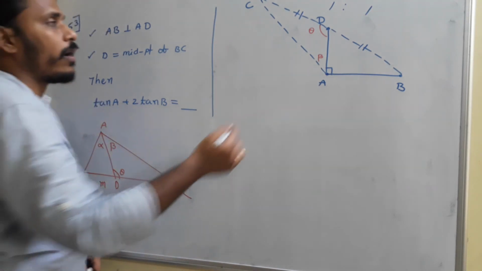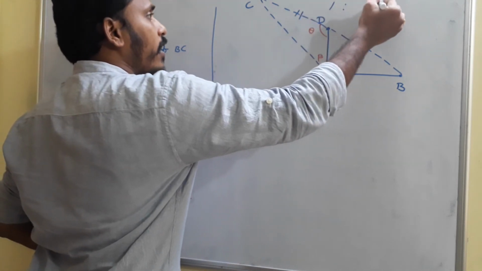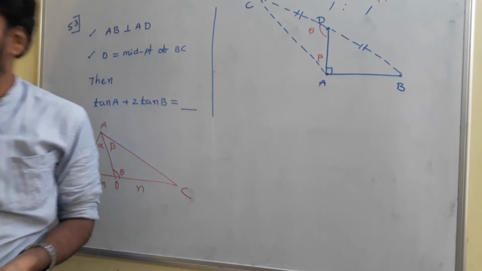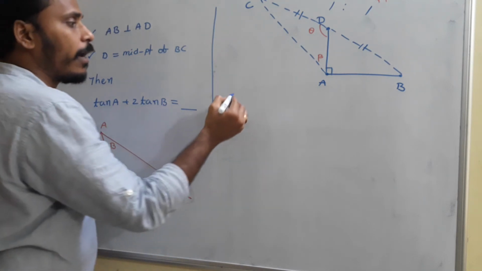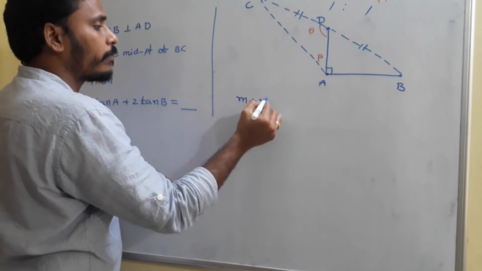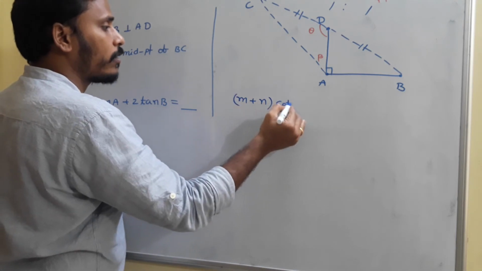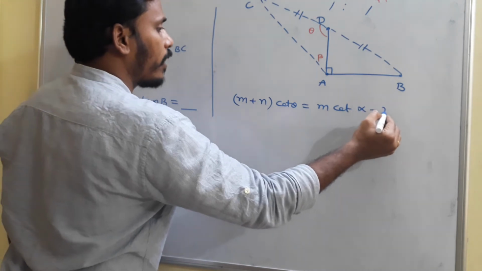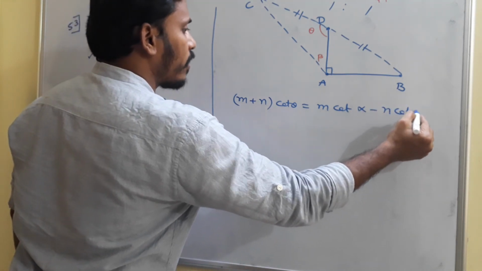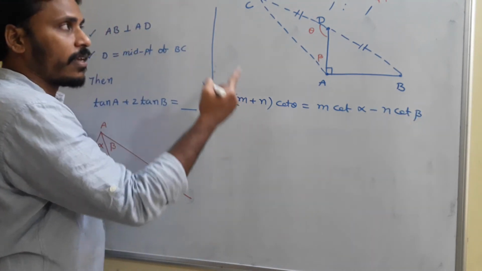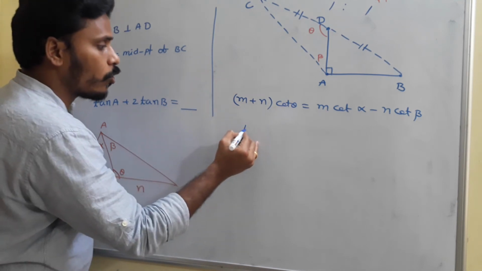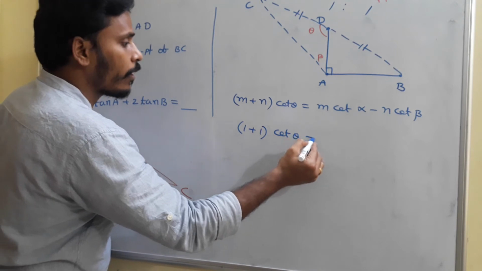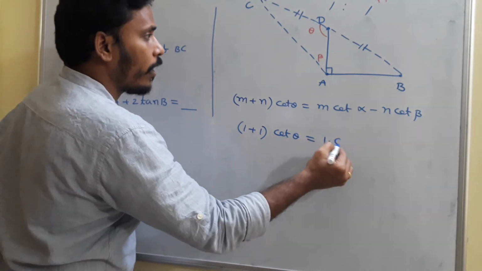Now what is M and what is N? M is 1 and N is also 1. Okay, both are 1. Then by the MN theorem we can say that M plus N cot theta is equal to M cot alpha minus N cot beta is the statement. So here M plus N, M is 1 and N is 1. So 1 plus 1 cot theta is equal to M is 1, 1 into cot.